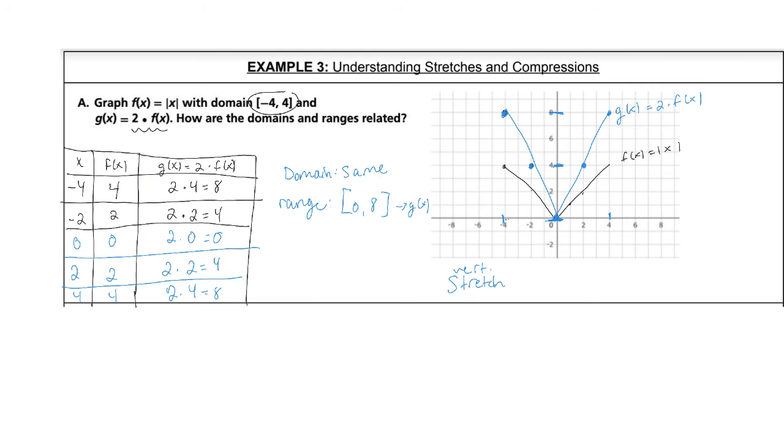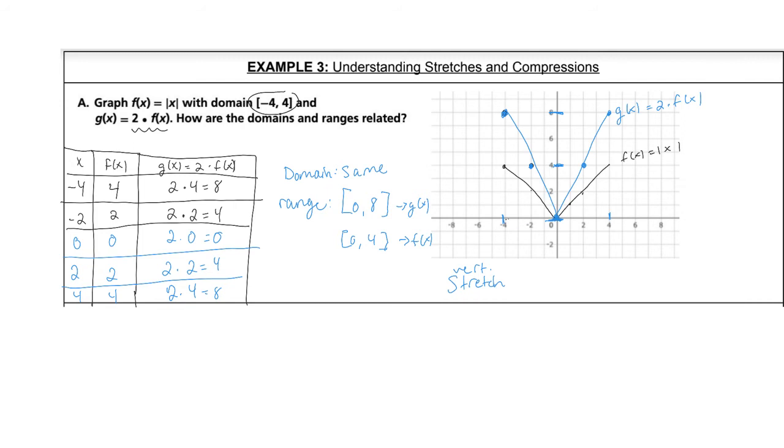And our f of x was 0 to 4. So essentially we double our range, because we multiply by 2.